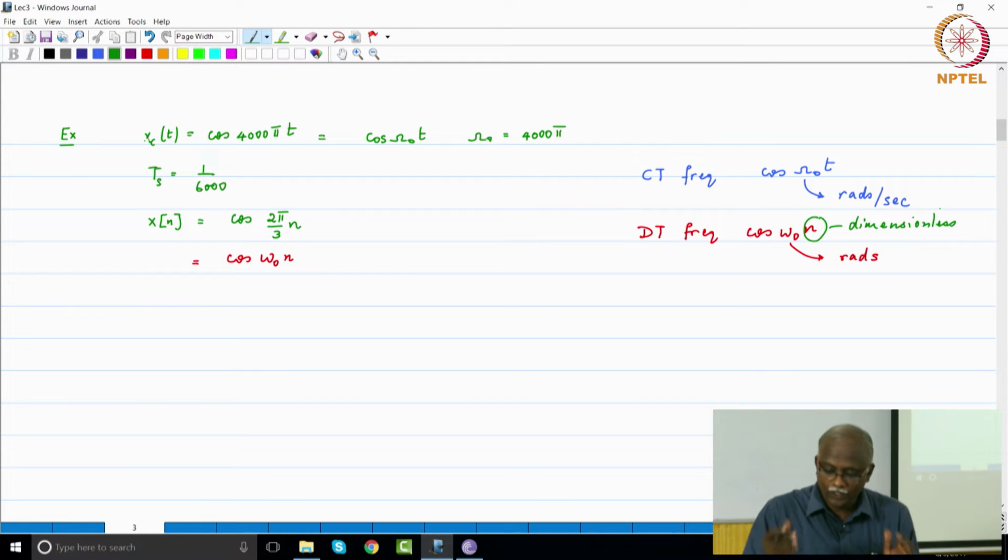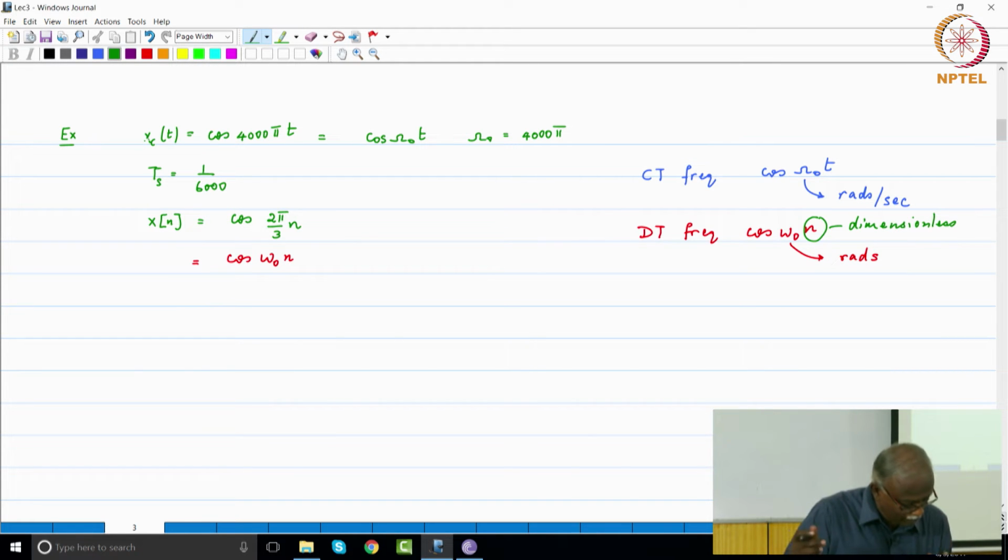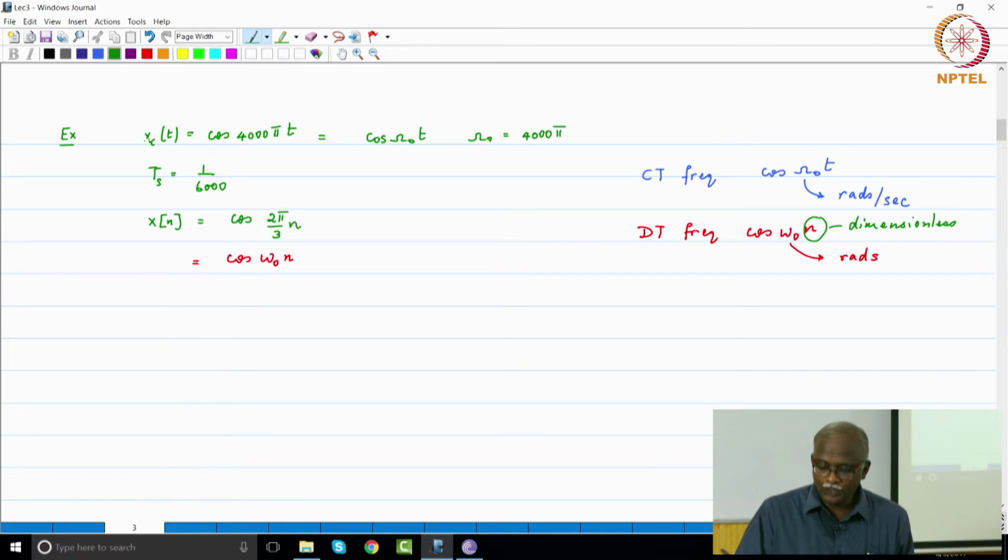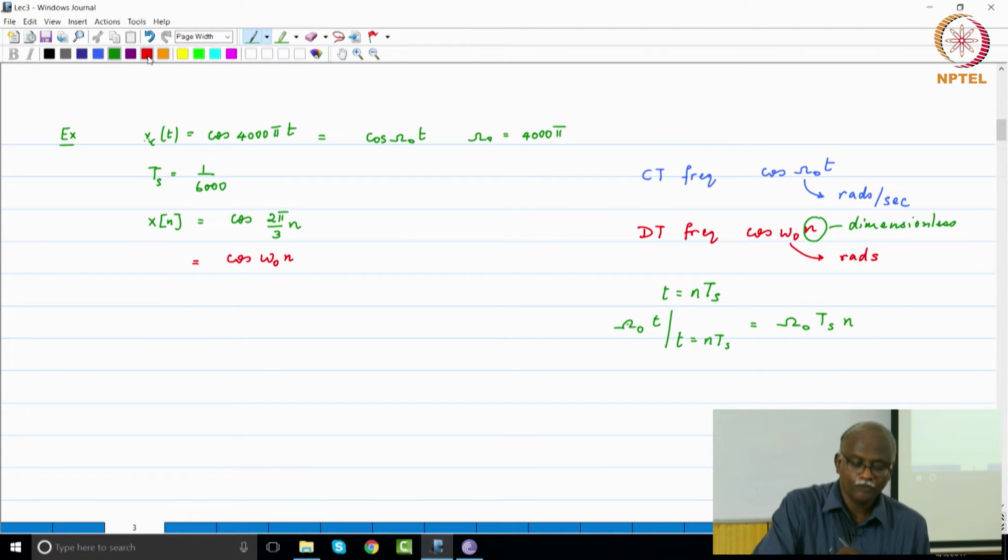So, therefore, for omega naught n to have radians, omega naught should have radians. And now if you were to compare, when you substitute t equal to nTs, omega naught t becomes omega naught Ts times n, of which these two terms combined become omega naught.